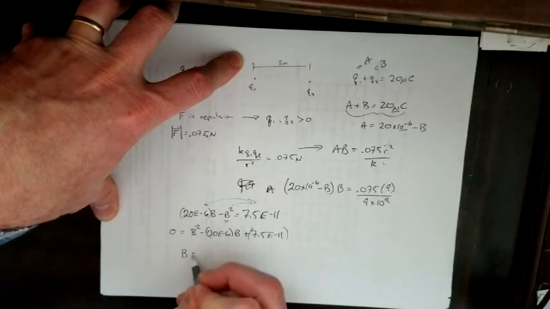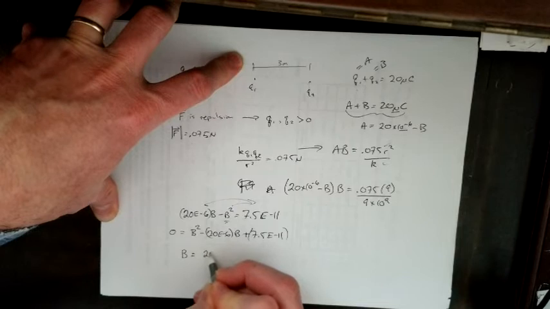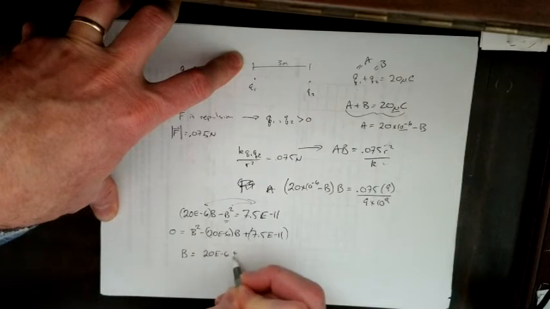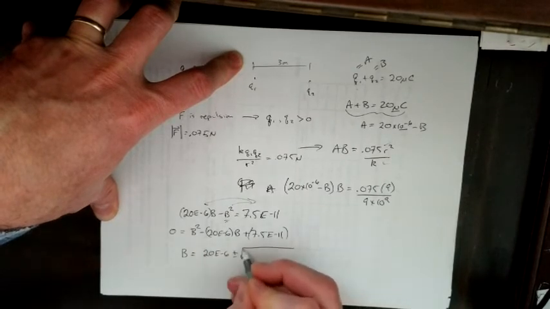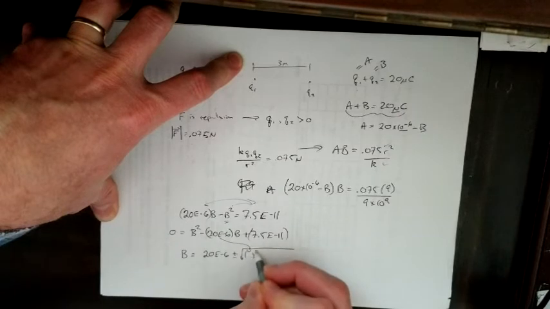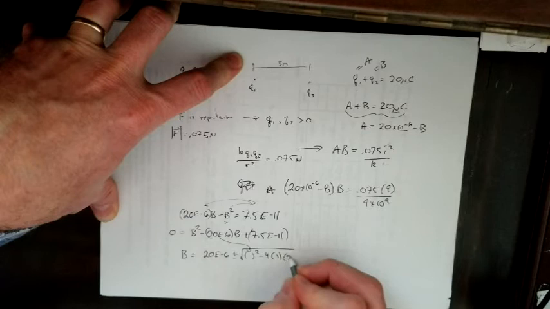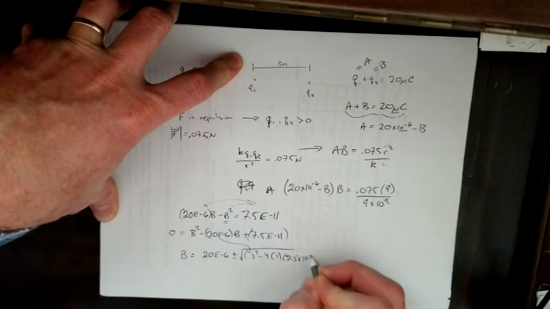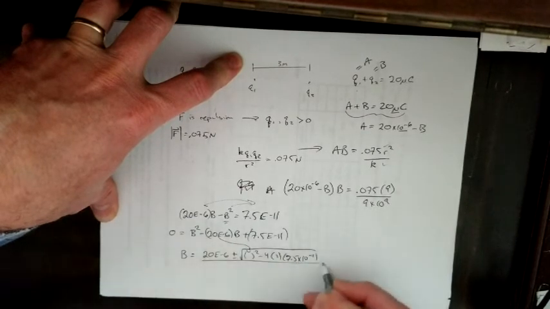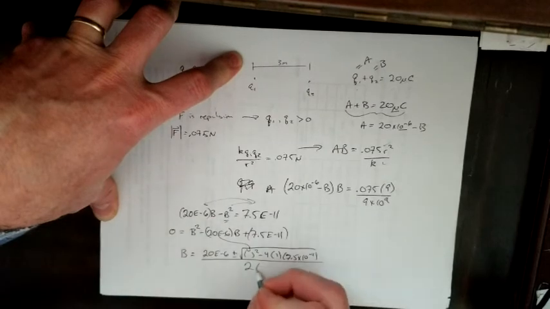So b is going to be equal to 20 times 10 to the negative 6 plus or minus the square root of that squared minus 4 times 1 times c, 7.5 times 10 to the negative 11th, over 2 times 1.